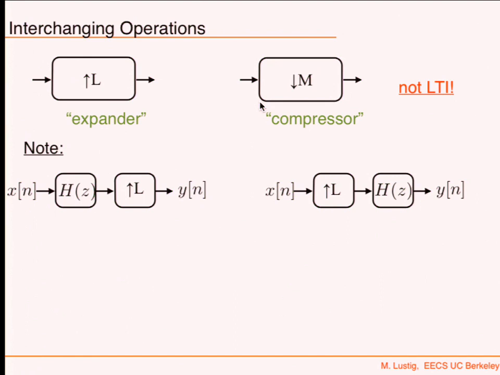Right? Now the question is, if I have x[n] coming in, goes through some system, and then I'm going to upsample, is it the same as first upsampling and then filtering with that system?